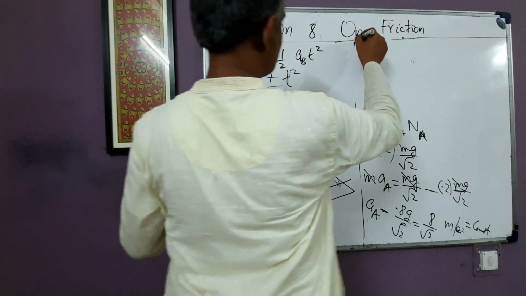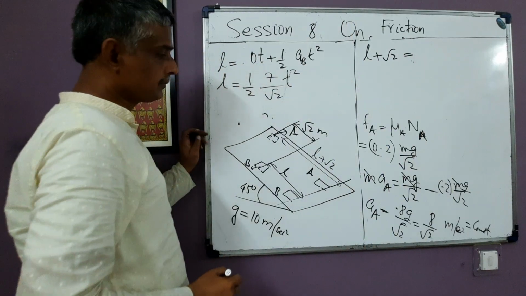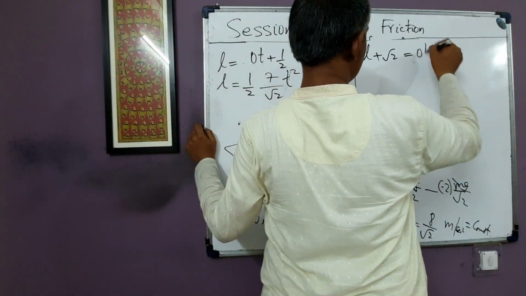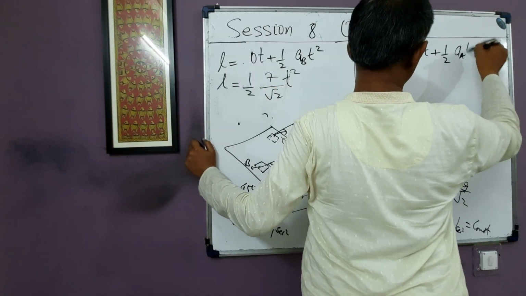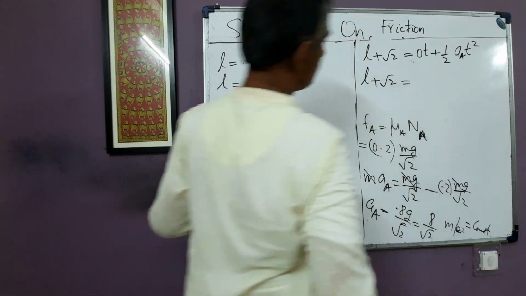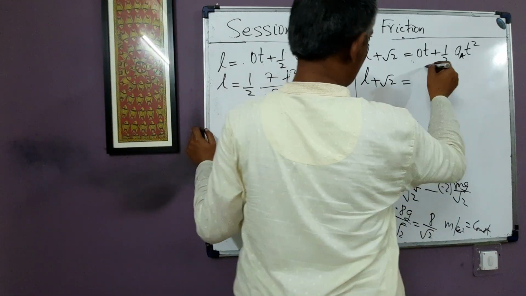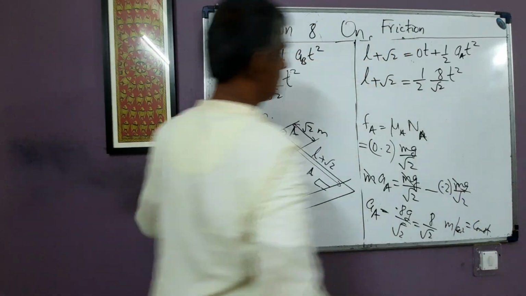So for block A, L plus root 2 is simply 0 into t plus half A into t square. L plus root 2 is simply 1 by 2 into 8 by root 2 into t square.